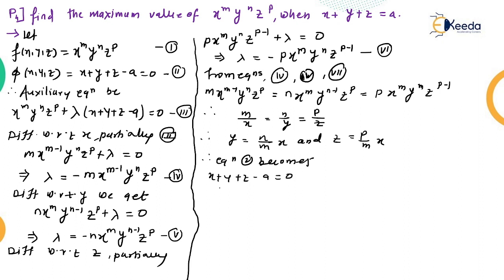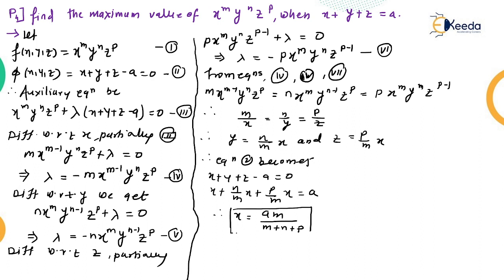The value of x is x, plus the value of y, that is n divided by m into x, plus the value of z, that is p divided by m into x, and that is equal to a. Therefore the value of x is equal to am divided by m plus n plus p.